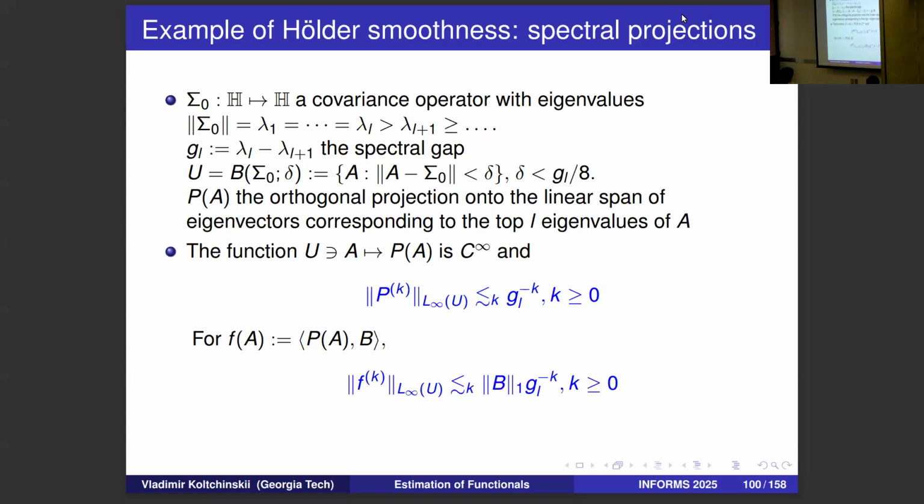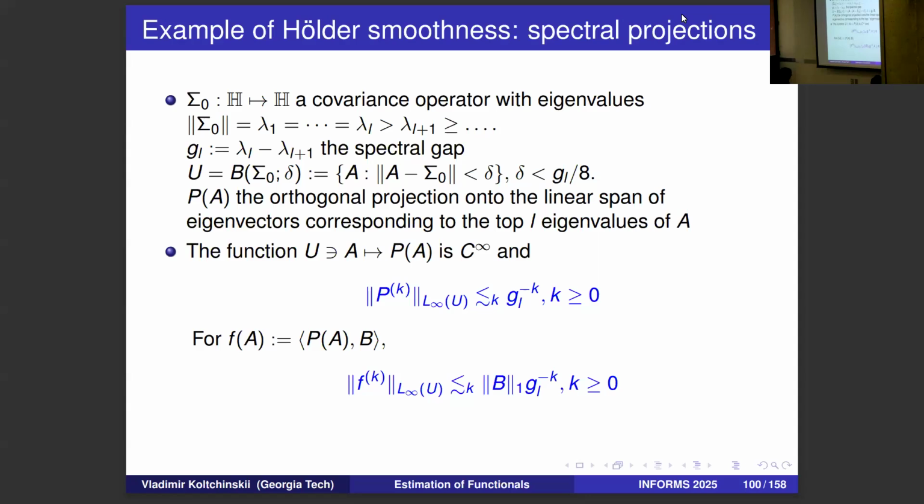So the first eigenvalue is of multiplicity L, so I wrote L eigenvalues, and then lambda L plus 1 is already smaller, and there is a gap. Then if you take a neighborhood of sigma naught, an operator norm neighborhood of size delta, where delta is smaller than the spectral gap divided by something, divided by 8, but probably 3 is enough, maybe. But that does not matter, right?